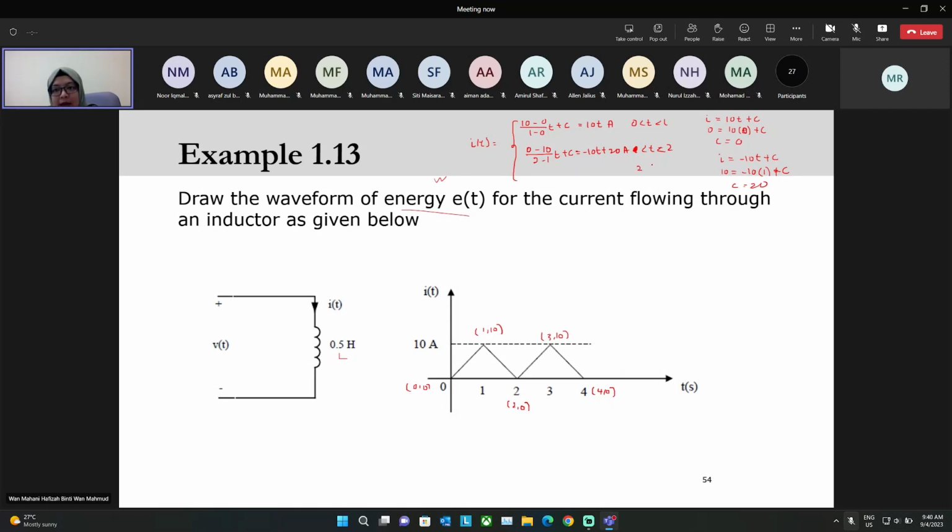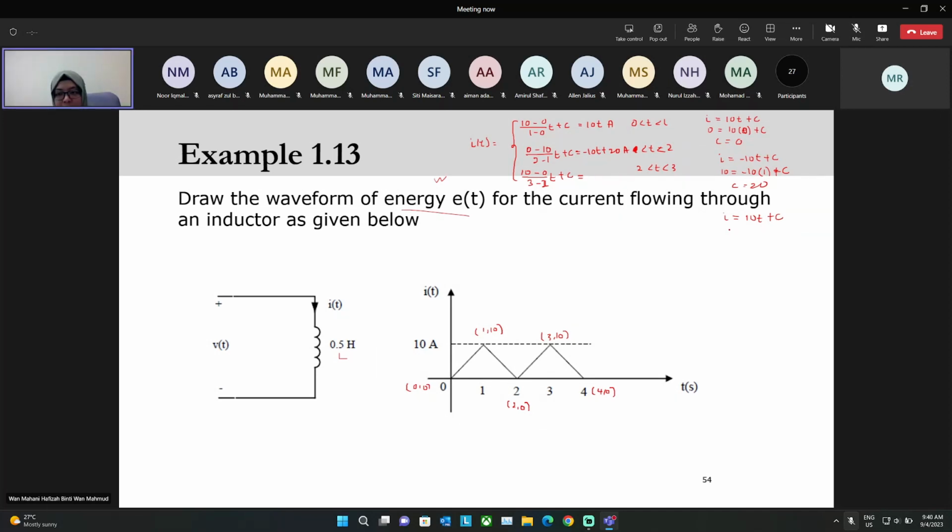Yang ketiga adalah antara 2 ke 3. Masih linear circuit. Second Y2 10, Y1 0, X2 3, X1 2, T tambah C. So equations ini dia akan jadi I sama dengan 10T bahagi dengan 1, 10T lah, tambah C. Untuk kes ni, you boleh guna koordinat sini 2, 0 ataupun koordinat 3, 10.